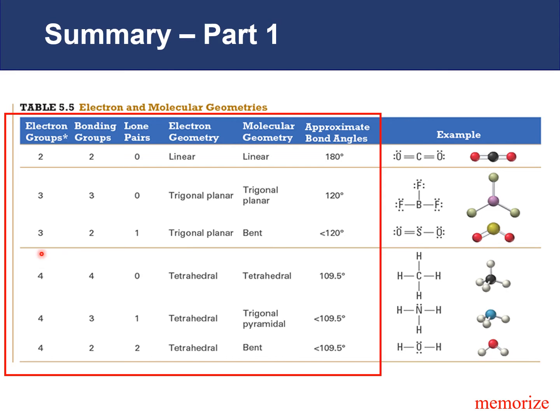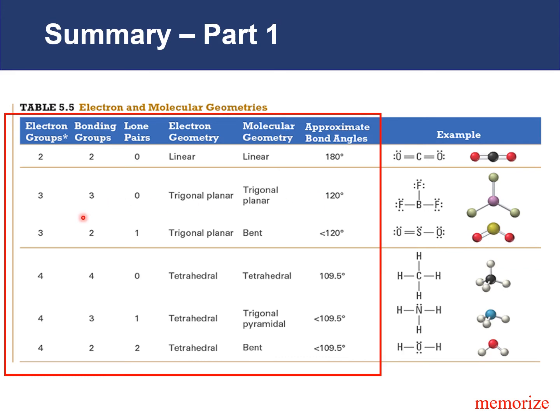If we have 3 electron groups, we have 2 options. One where we have 3 bonding groups and one where we have 2 bonding groups. In the case of the 3, that would leave 0 lone pair electrons. We would have an electron geometry of trigonal planar and a molecular geometry of trigonal planar. The bonding angles will be about 120 degrees.